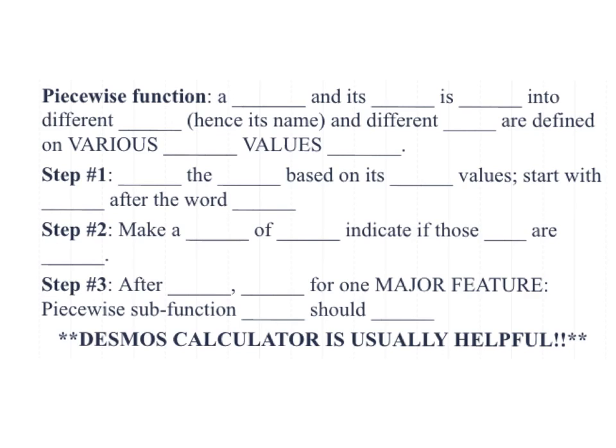Let's start by defining a piecewise function. A piecewise function is a function and its graph that is broken into different parts or pieces, hence its name, and different functions are defined on various domain values.